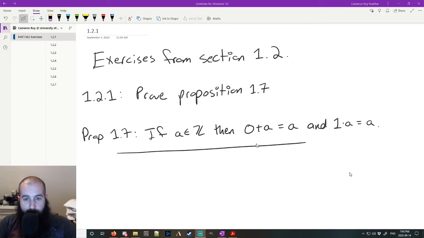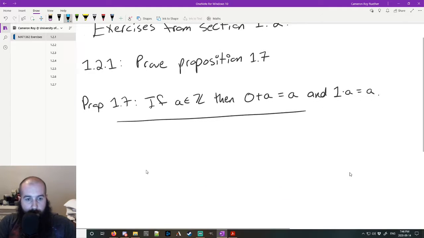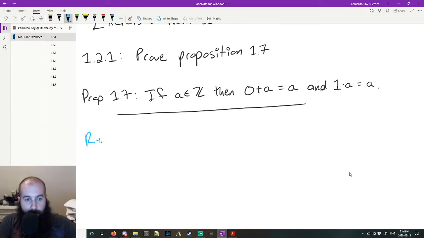Now these look very familiar if you remember the axioms of the integers. But let's first recall exactly what the axioms are. One of the axioms says that if a is an integer, then a plus 0 is equal to a.